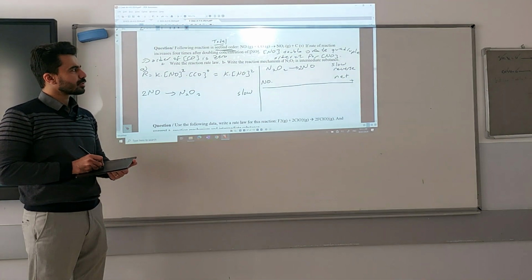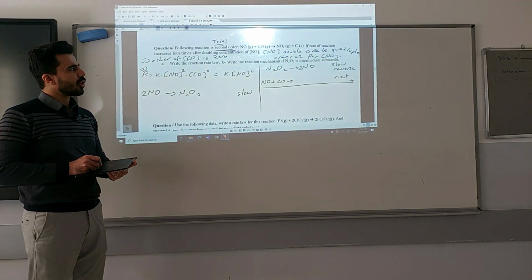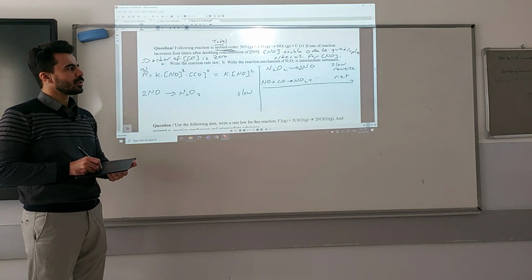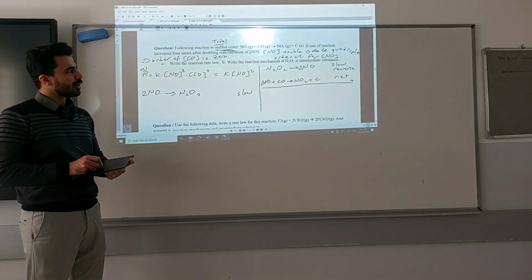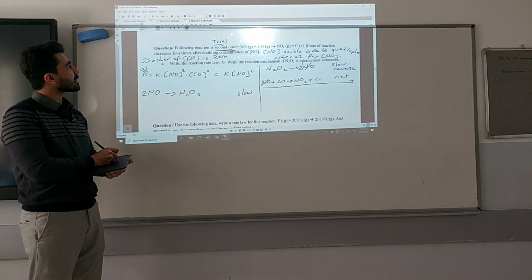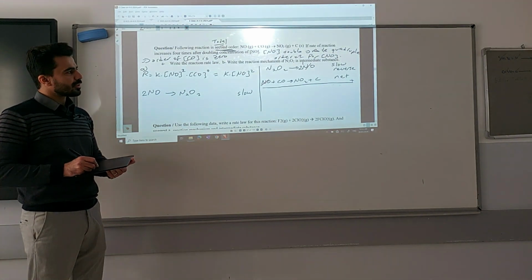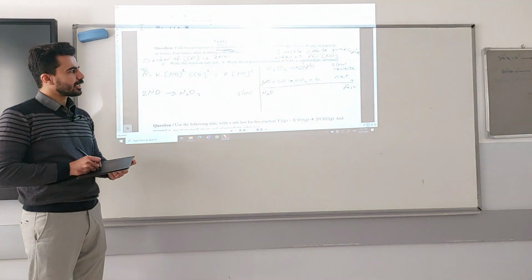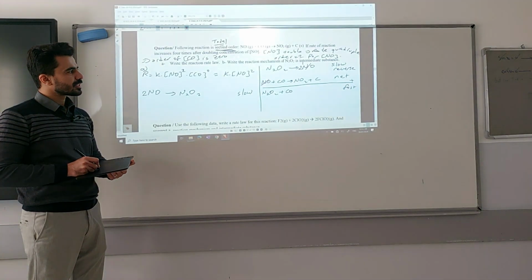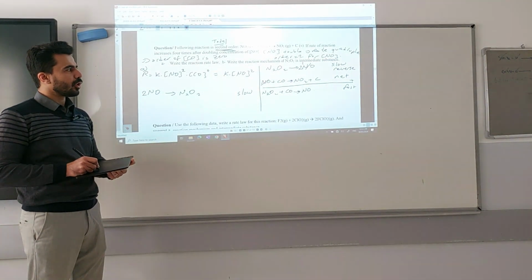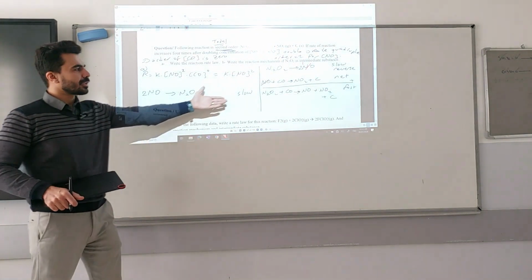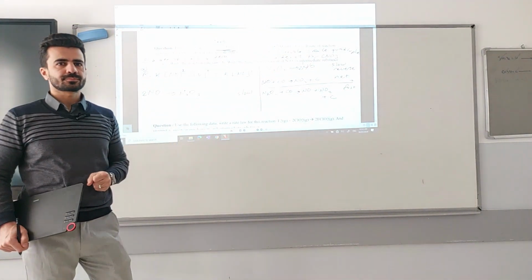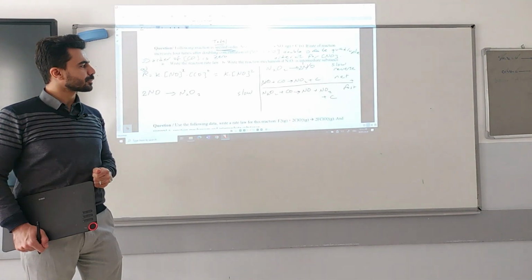It's NO plus CO becomes NO2 plus C. Cancel NO, NO. One of them is left, and that's it. So the first step is N2O2 plus CO becomes NO plus NO2 plus C. That's the first step. Done.